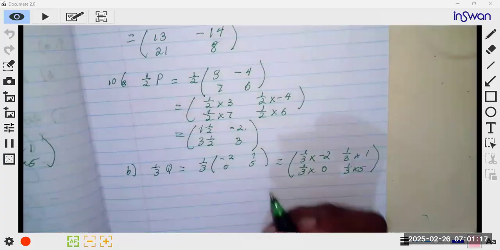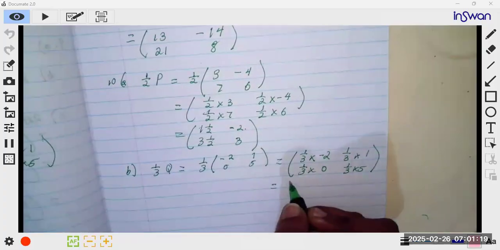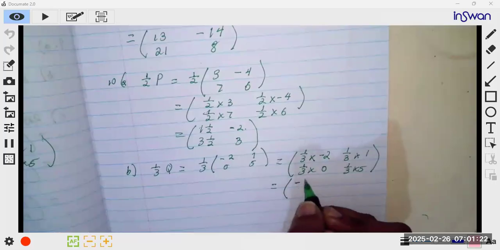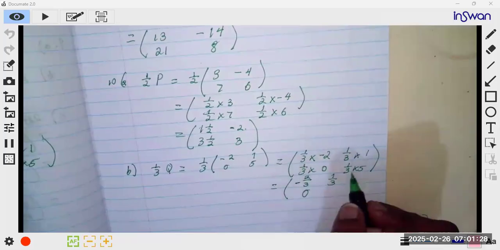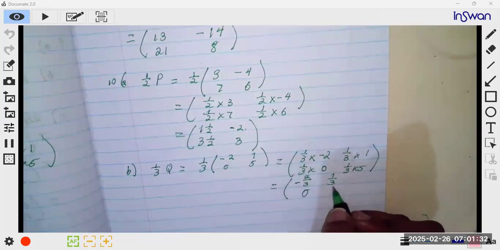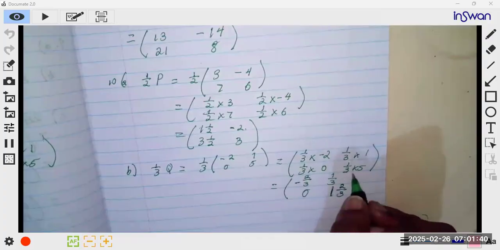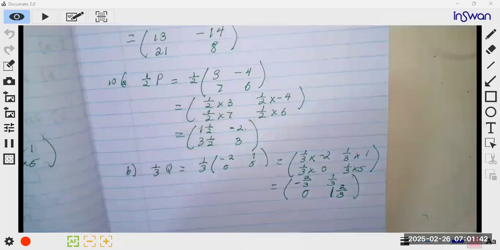So this will be equal to minus 2/3, 1/3, 1/3 times 0 is 0, and 1/3 times 5 is 5/3. This will give us 1 2/3. All right, any questions?